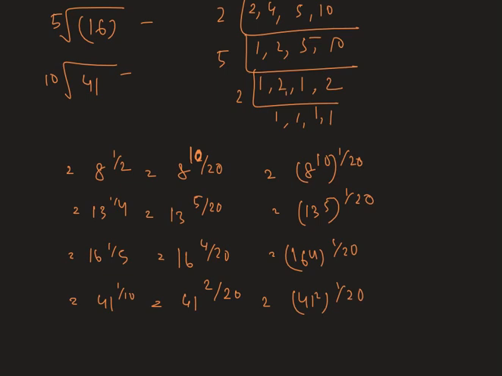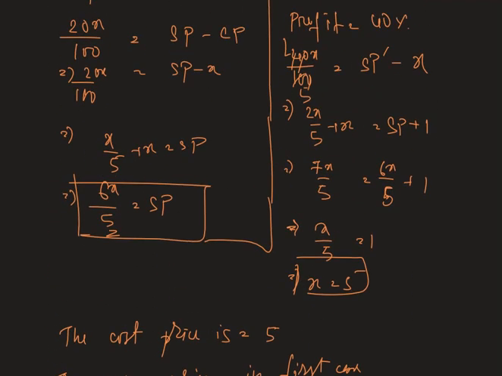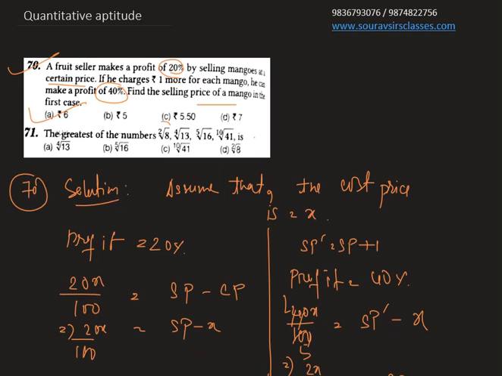So now we can make a decision that among these four numbers, 8 to the power 10, 13 to the power 5, 16 to the power 4 and 41 to the power 2, the highest one is 8 to the power 10. Therefore the greatest among the numbers is root over 8. So D is the correct answer.